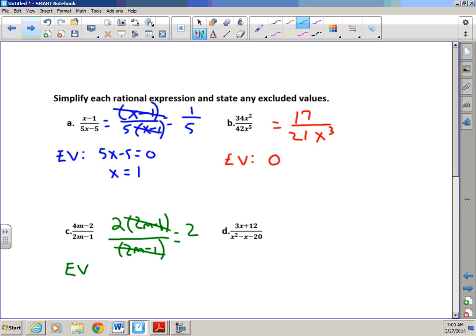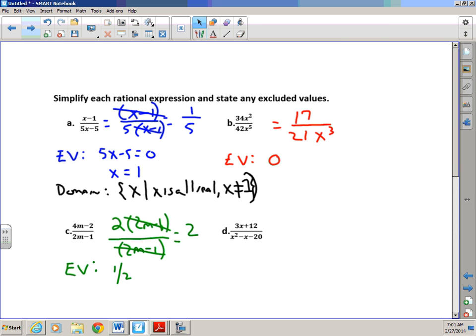My excluded value is 1/2. Just getting back, the way you would say what the domain is: in this example, x is all real numbers except x cannot equal 1. That's how you would see that written.